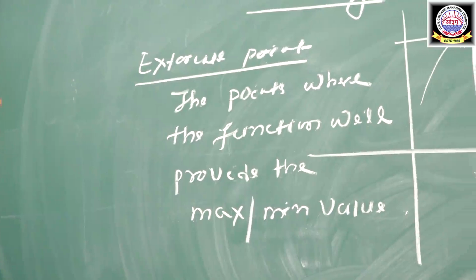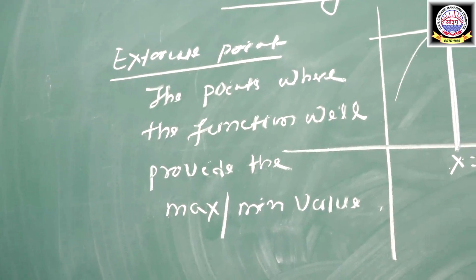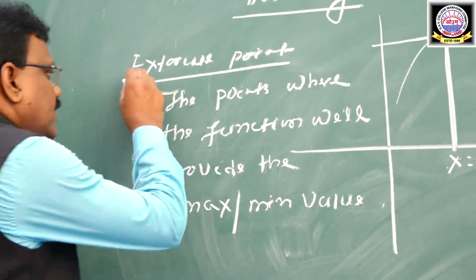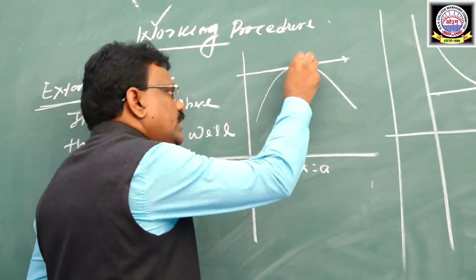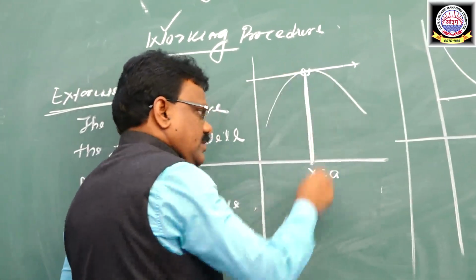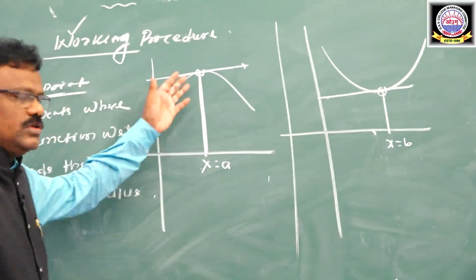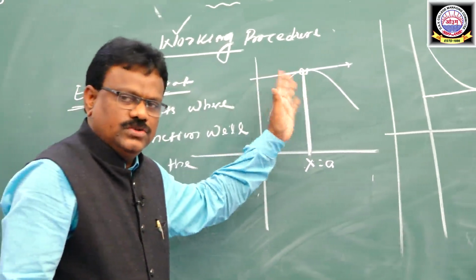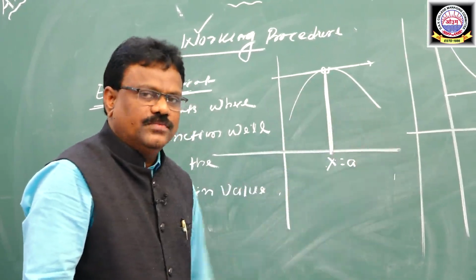The points where the function provides the maximum and minimum value are called the extreme points. It is also called the turning point, because the function turns here. It is also called the critical points. So for this article, let us discuss that it is an extreme point.